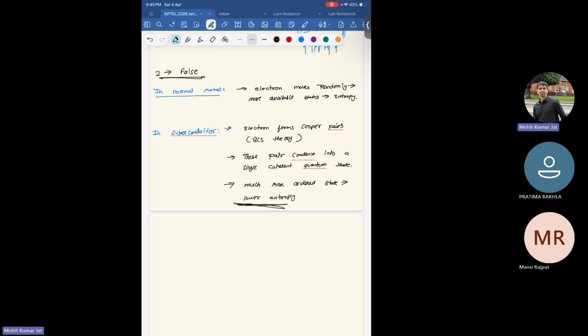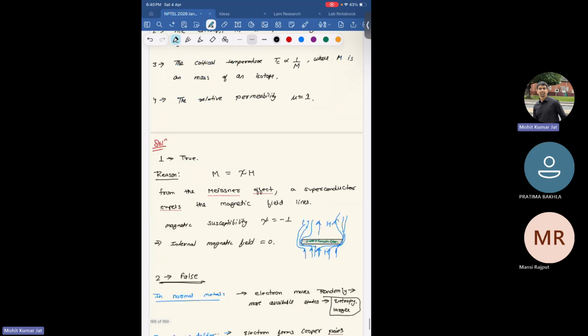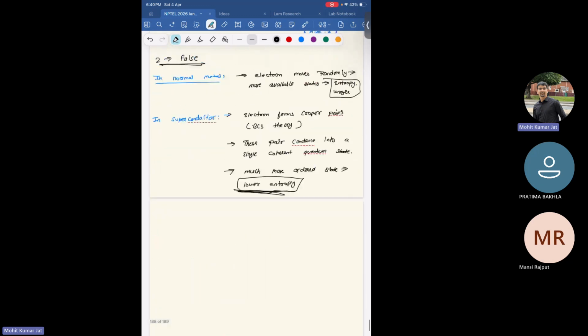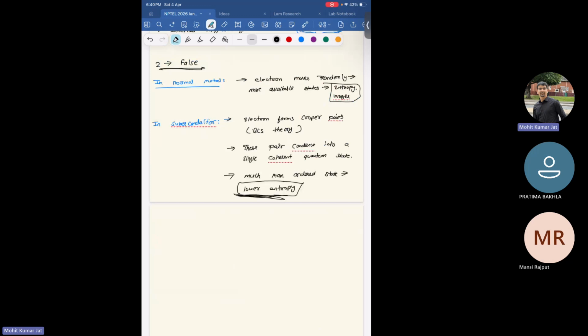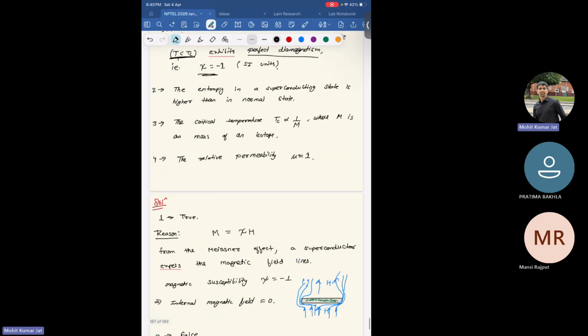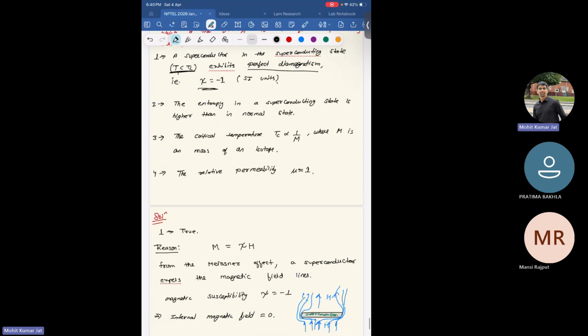The superconductor has lower entropy; the normal metal has larger entropy. Our option 2 says the opposite: it says the entropy of the superconducting state is higher than in the normal state, whereas the truth is that in the superconducting state the entropy is less compared to the normal state. Is it clear, class? If it is clear, then we move on to the next option. Otherwise, we can discuss it more.